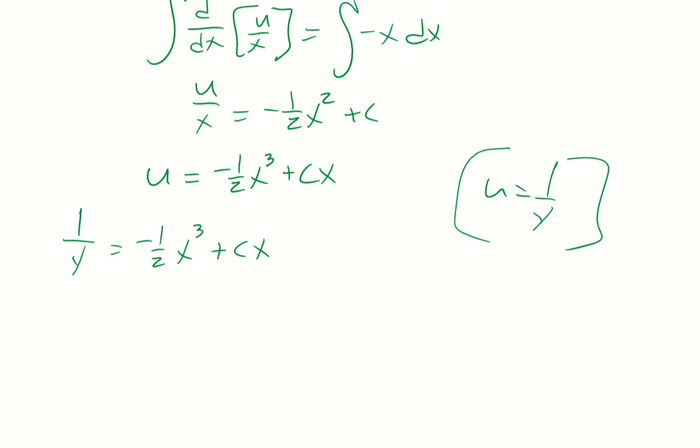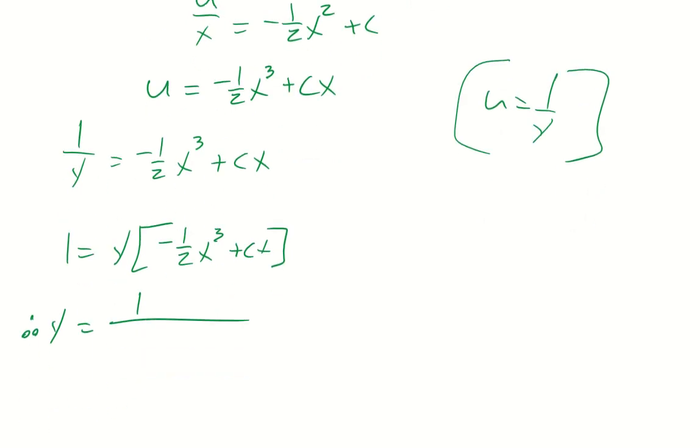And one way to deal with this is just to multiply everything by y. Maybe it's kind of a roundabout way to solve this, but that's all right. So 1 is equal to y times this quantity. And so therefore, y is equal to 1 over minus 1/2 x cubed plus cx.